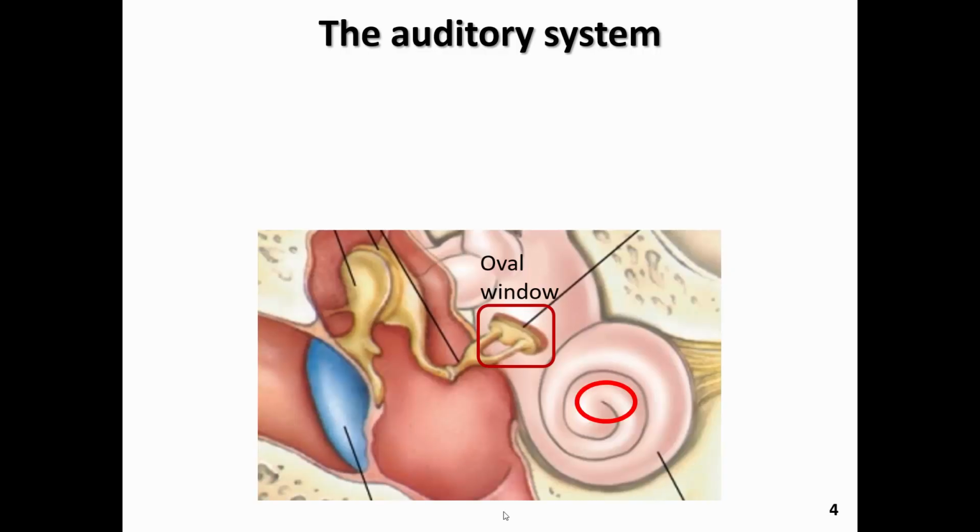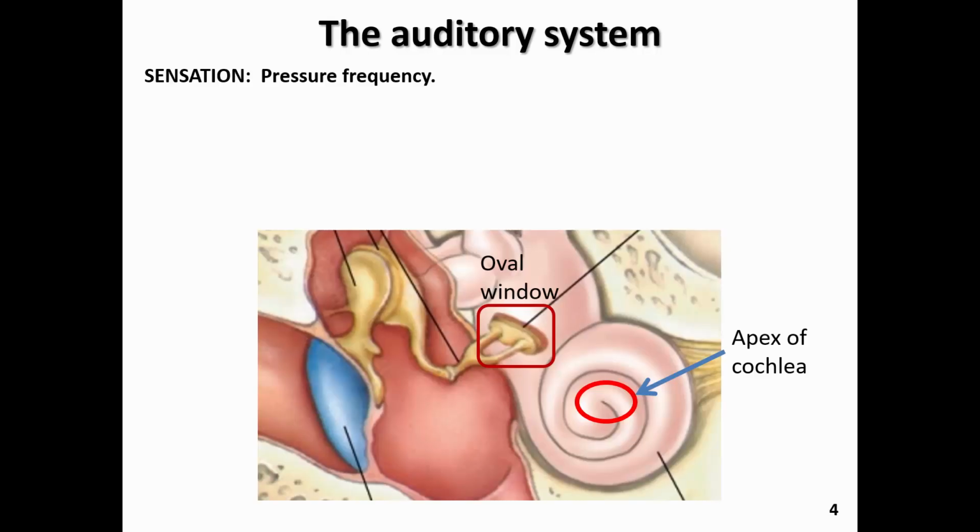We have our oval window, which is the portion where the sound that reverberates the tympanic membrane results in displacement of the ossicles and transmits that reverberation into the cochlea. This particular region of this wound-up structure is referred to as the apex, and we'll make reference to the apex in the subsequent video.